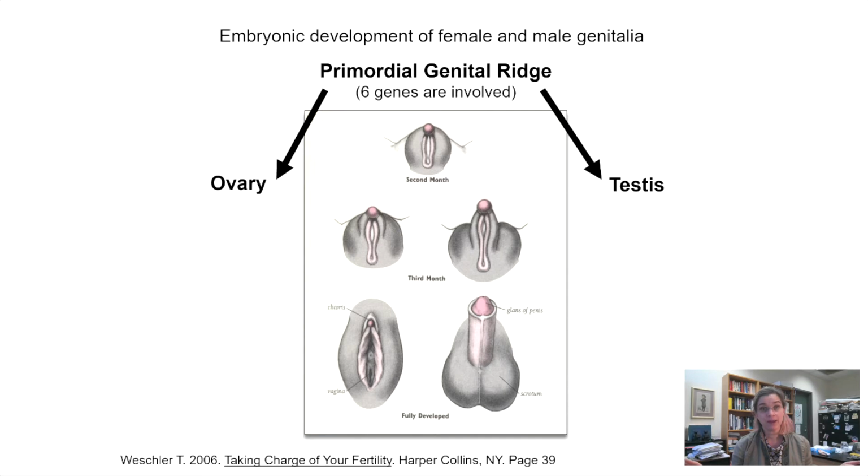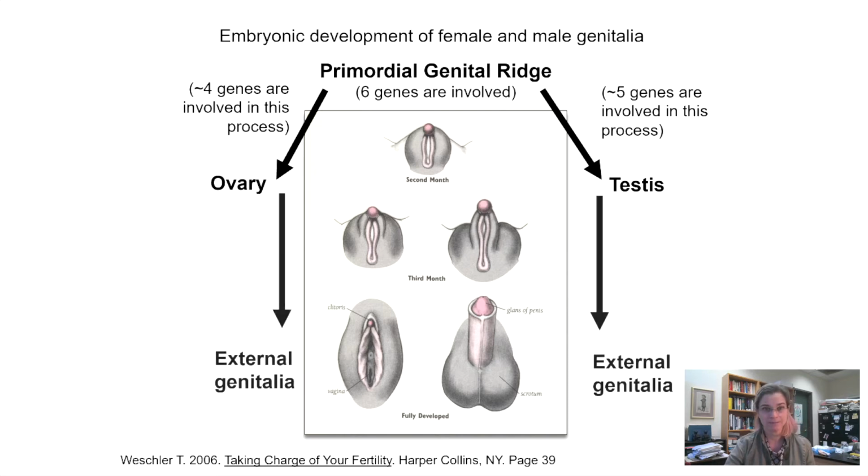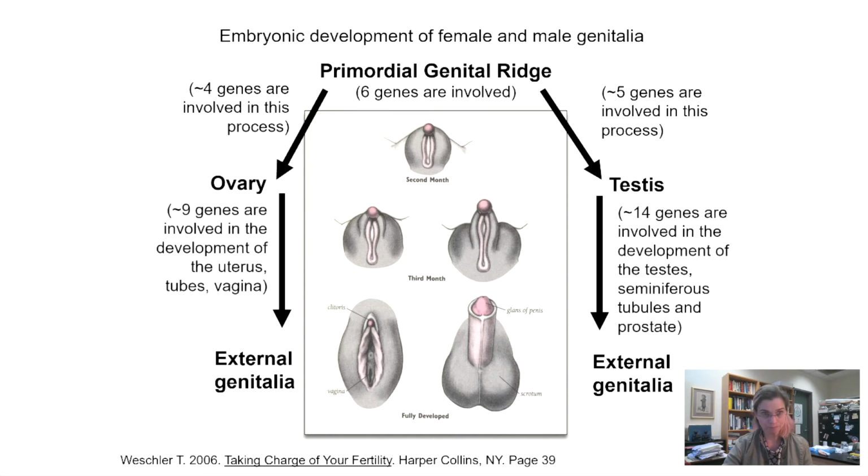Then week 6 happens, and it proceeds along a masculinization trajectory or its default trajectory, which is the feminization. So you have the development of ovaries or the development of testes. There are 4 genes involved in the process of ovary development, and there are 5 genes involved in the development of the testes. Then the external genitalia form.